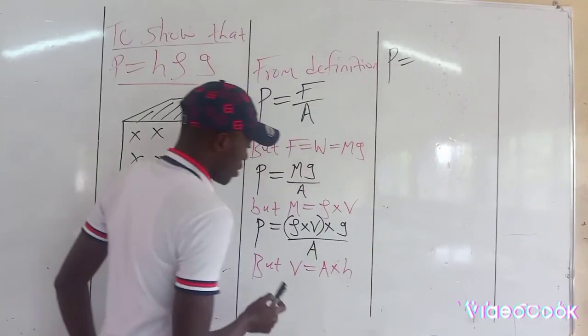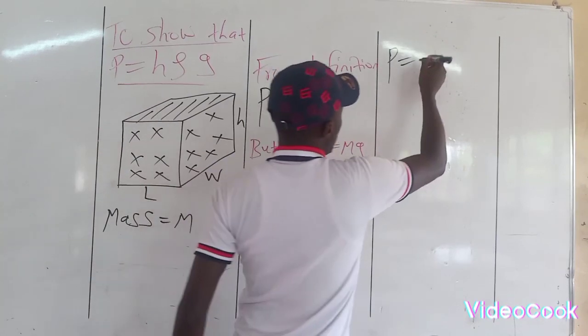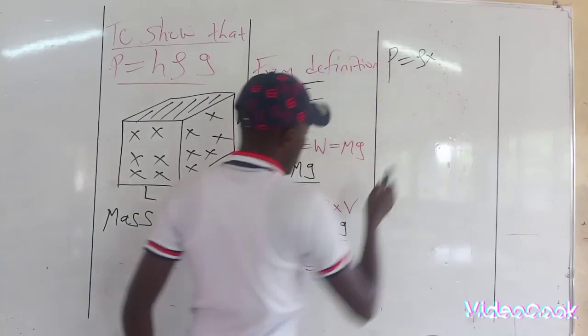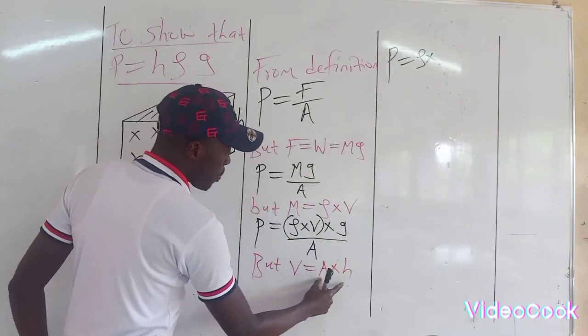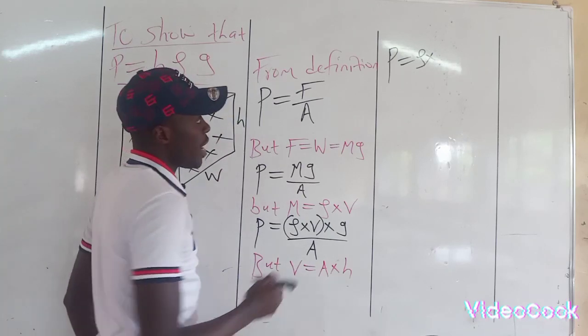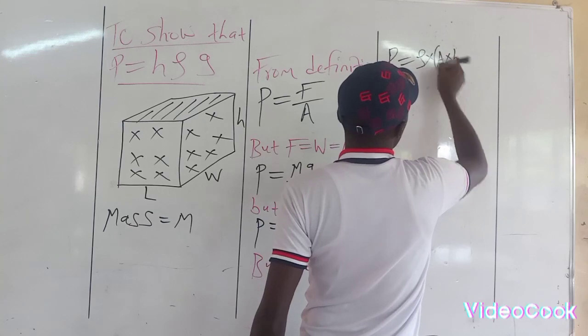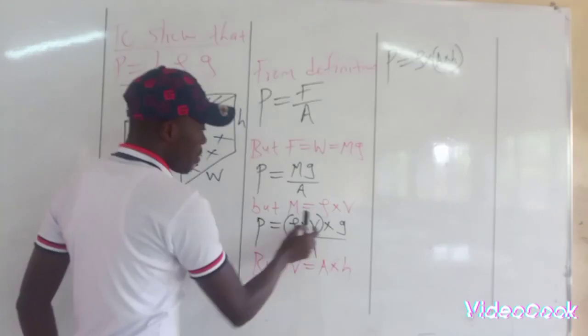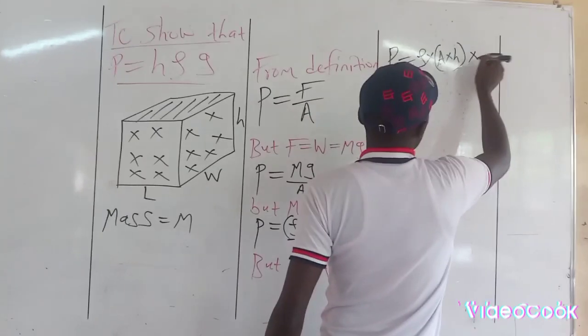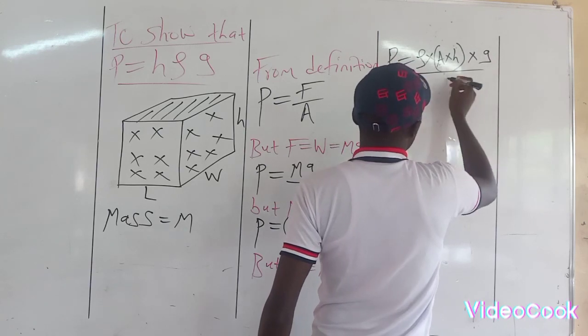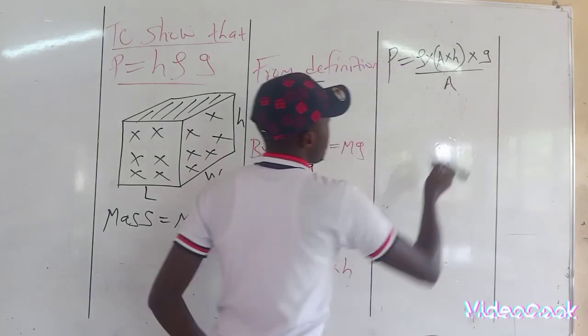On replacing this in our equation, we now have pressure equals rho times, where we have volume, area times height, times g divided by area.